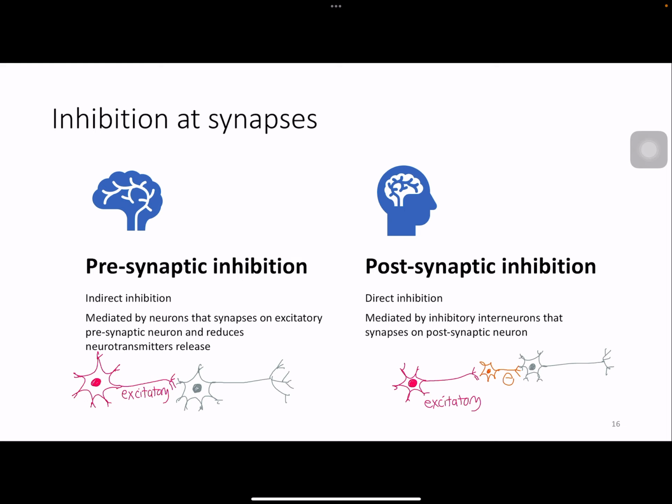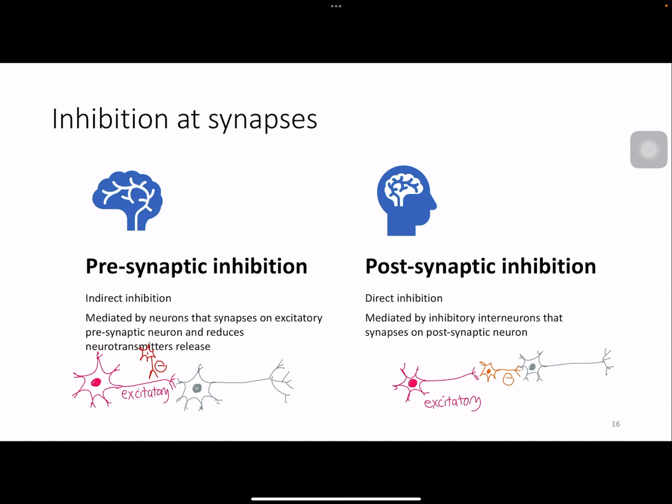How does that occur? So the presynaptic inhibition is when there is inhibition to the presynaptic neuron. So for example, this presynaptic neuron is excitatory, but then there is this interneuron that synapses on the excitatory presynaptic neuron.